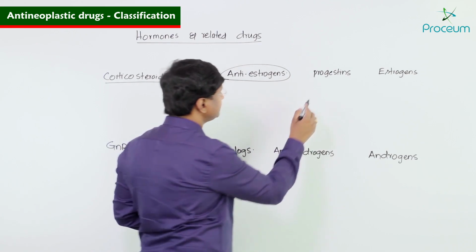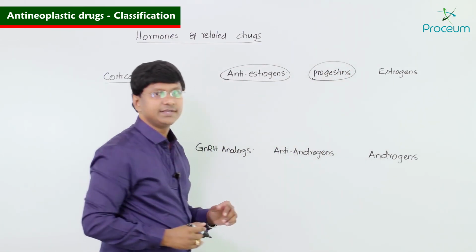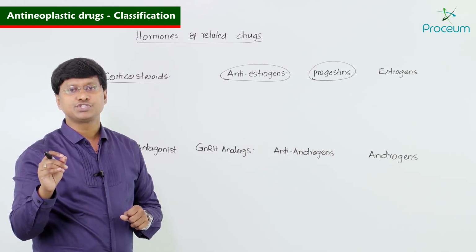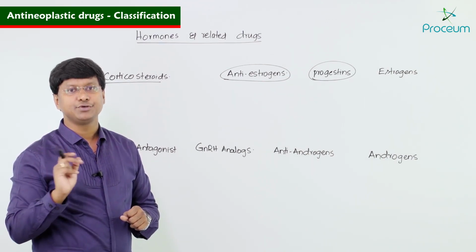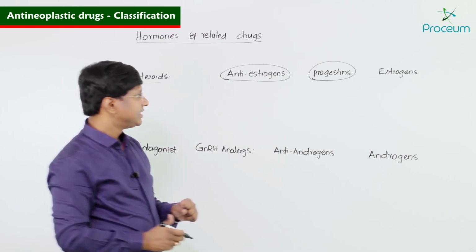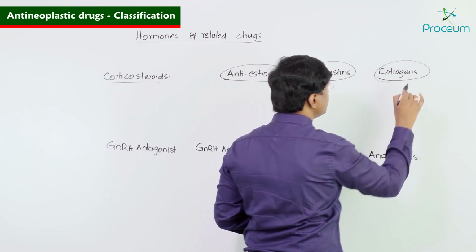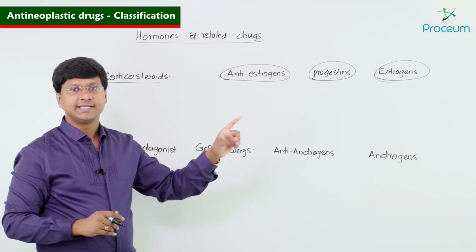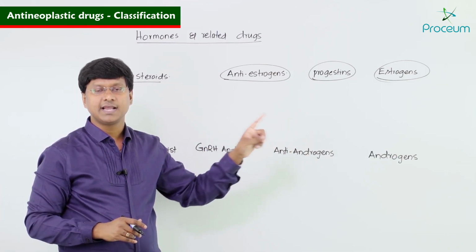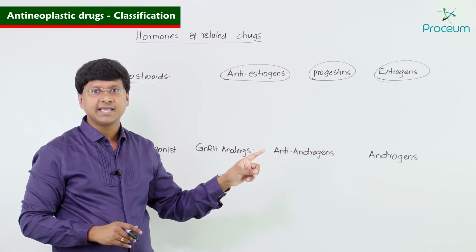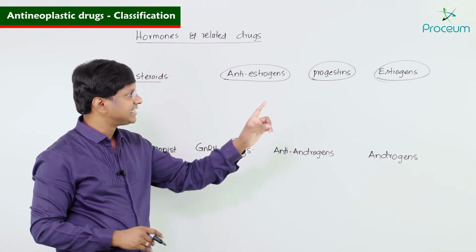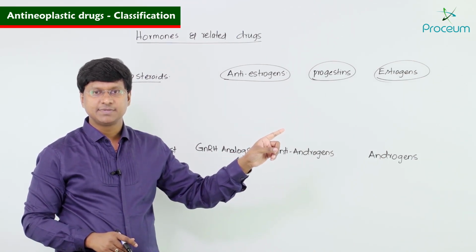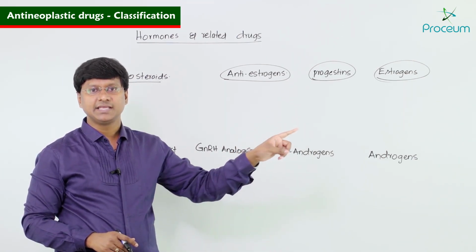Then you have progestins. The progestins include medroxyprogesterone acetate, that is your antineoplastic drug which is a progestin. Next, you take the estrogens which are acting as the antineoplastic drugs. They include diethylstilbestrol and ethinyl estradiol.